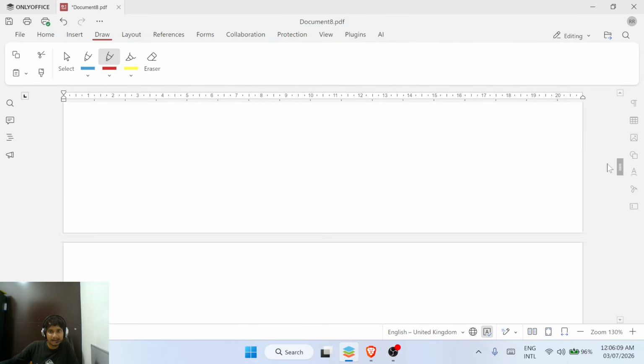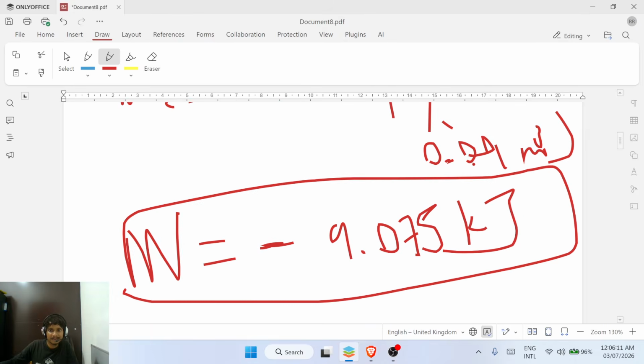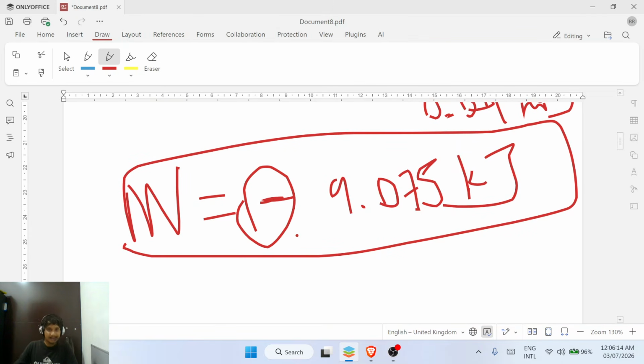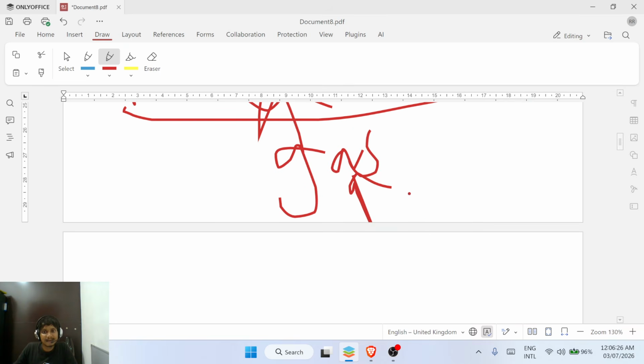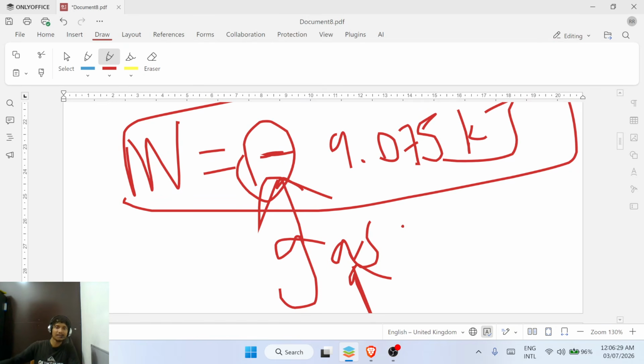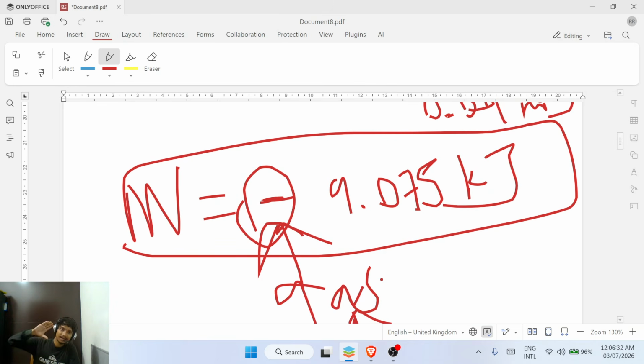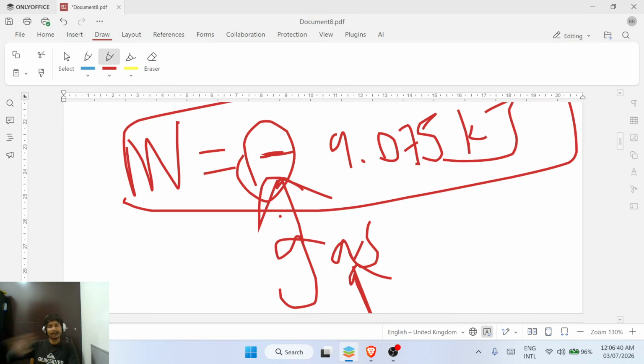We use these equations for gas, but here the gas didn't do any work. If the gas did any work, the work done W will be plus. But here we did some work on the gas. The gas didn't do anything. Therefore, W is minus.